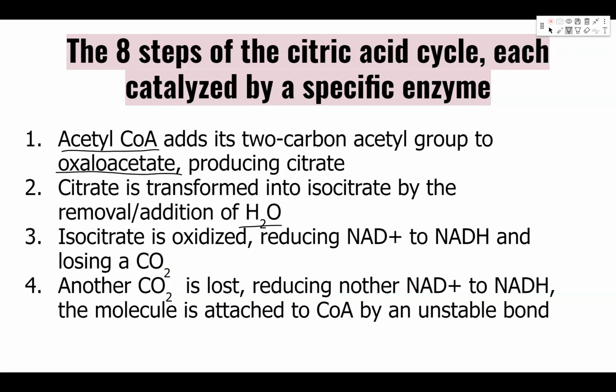Isocitrate is then oxidized. We can oxidize isocitrate. And we are going to reduce NAD plus to NADH. And after that, I want you to hand write in that we lose a CO2 here.